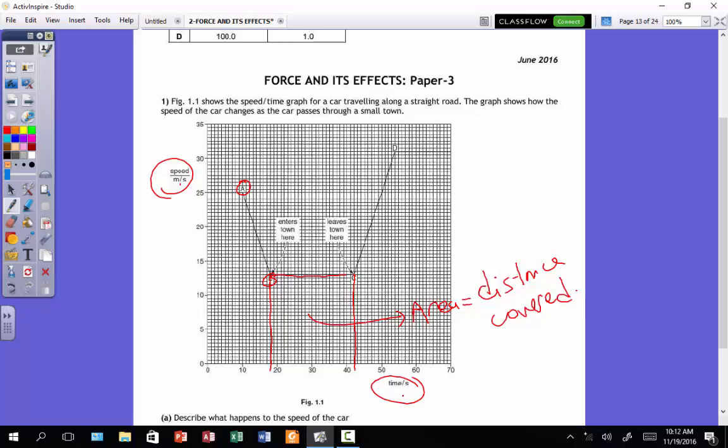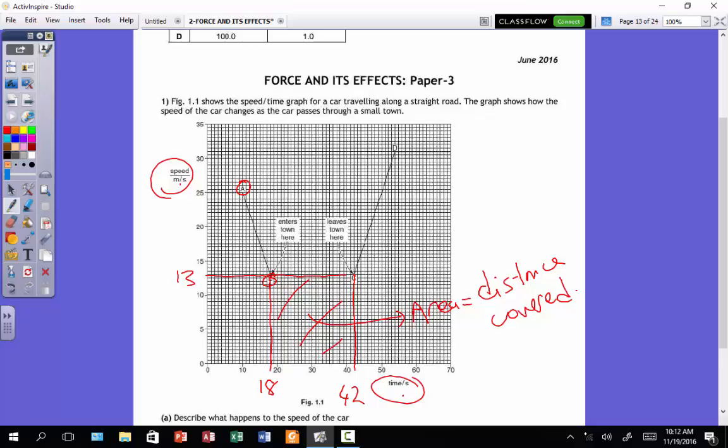Distance covered. Now we have to find the distance. This point is 18 and this point is 42, and the speed of the car between B and C is 13. How do we find this area?